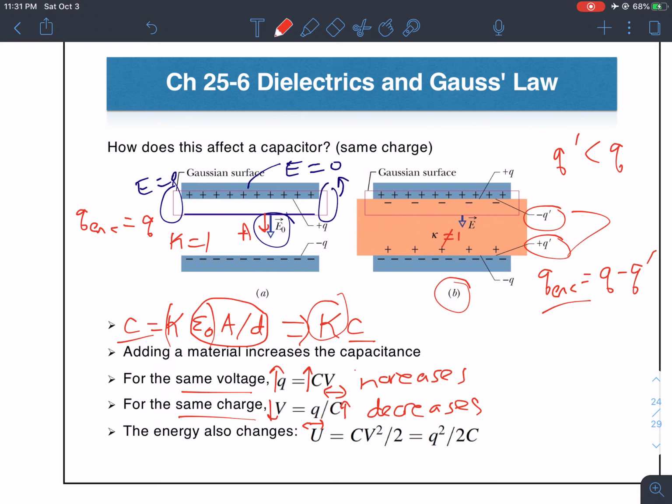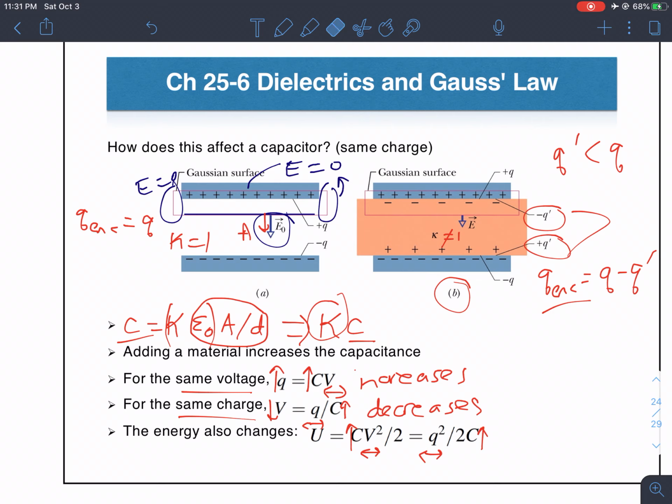The only thing I can say right now is that capacitance is increasing, right? If the voltage is the same, then the energy will be increasing. Instead, if the charge is the same, since capacitance is increasing, energy would go down.